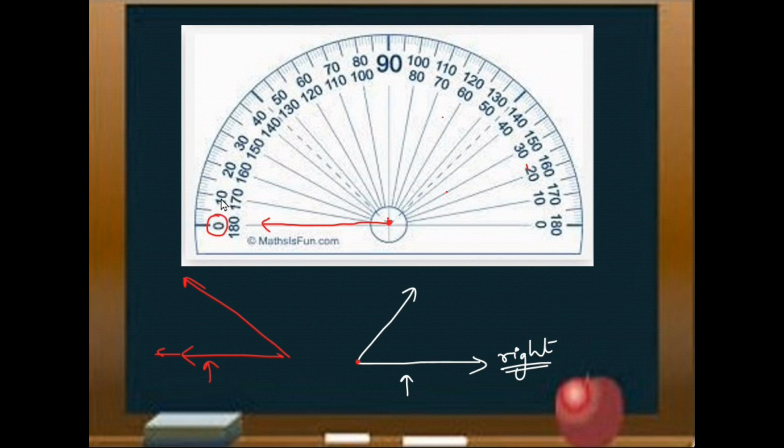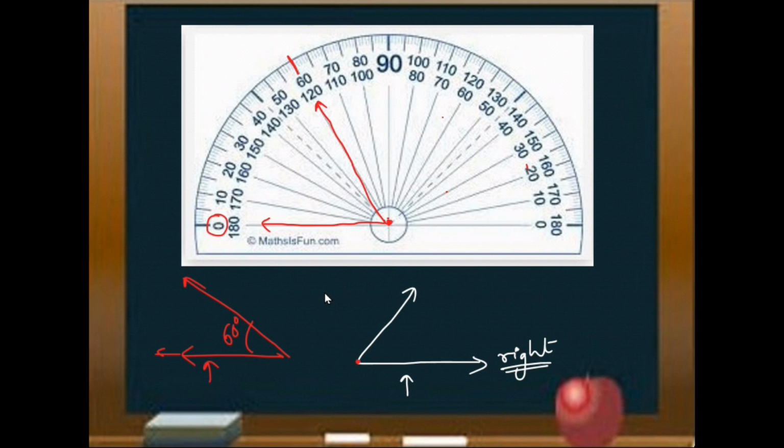So you are going to see the outer numbers now to find the measure of the angle. Suppose the second arm coincides here. This is pointing towards 60.